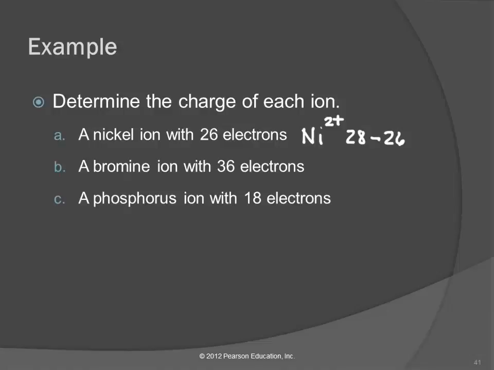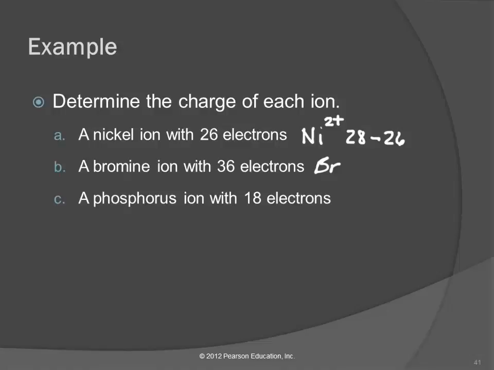An atom can gain electrons, it can lose electrons, the number of protons stays the same. It's always part of that element. So the nickel losing 2 electrons to become a +2 ion, it is still nickel. Okay, how about bromine with 36 electrons? The symbol for bromine is what?